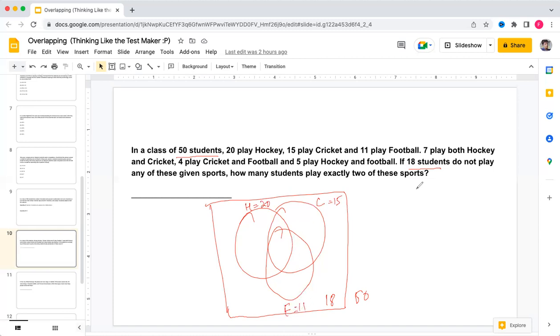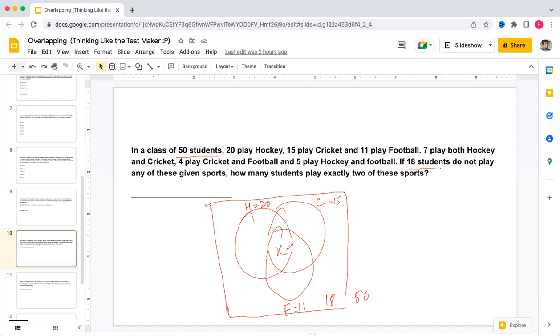And we are given that 7 play hockey and cricket, 4 play cricket and football, and 5 play hockey and football. So I assume that X portion is covered by hockey, cricket, and football at the same time.